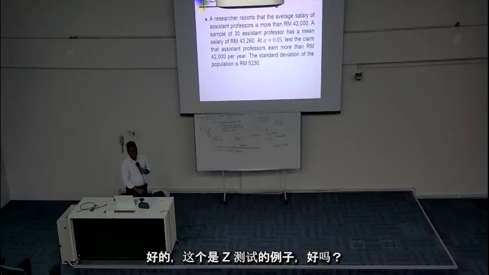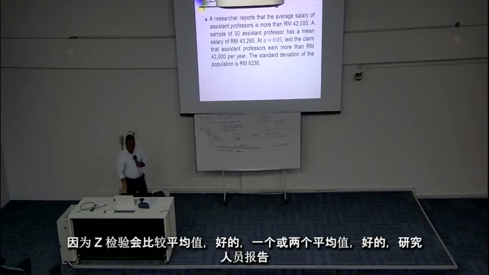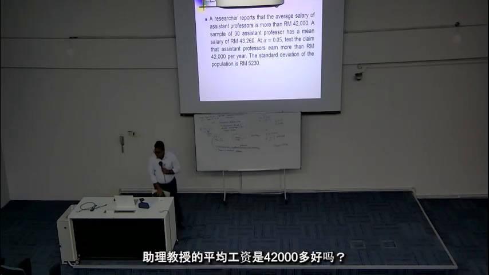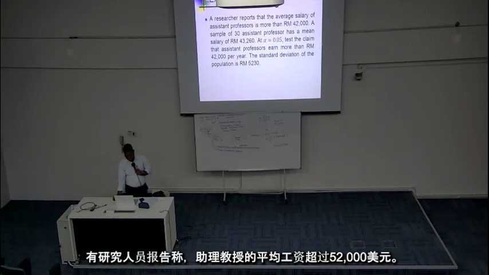So this is an example for the Z test, because the Z test compares the mean, one or two means. A researcher reports that the average salary of an assistant professor is more than 42,000.